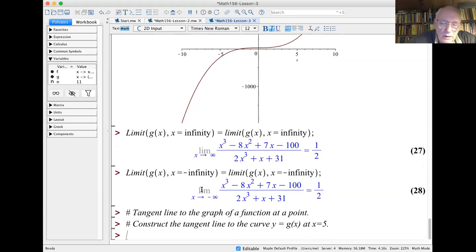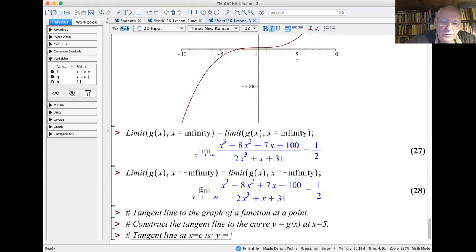You have to remember from calculus 1 that the tangent line at a point x equals c is given by the following formula.